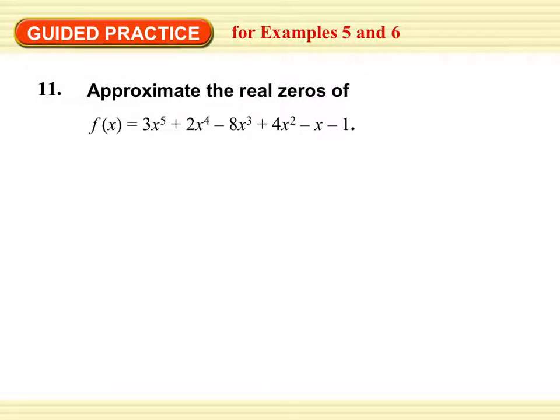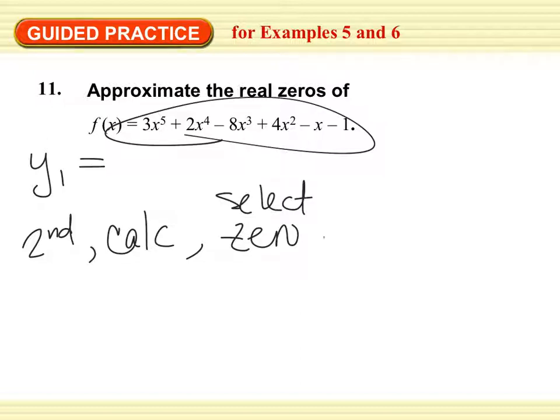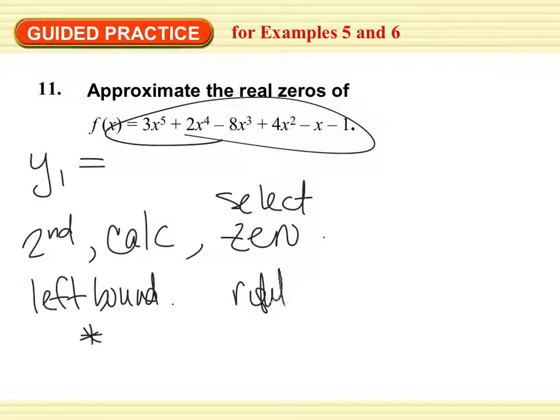Okay, guided practice. So here, I would go into my calculator and type in, not in yellow because yellow is hard to read, y1 equals this entire function. And then I would hit the second button, the calc button, and select 0. The calculator will then ask me what the left boundary is, and I'll move that little spider to the left of the 0, what the right boundary is, and I'll move that little spider to the right of the 0, and then the guess.